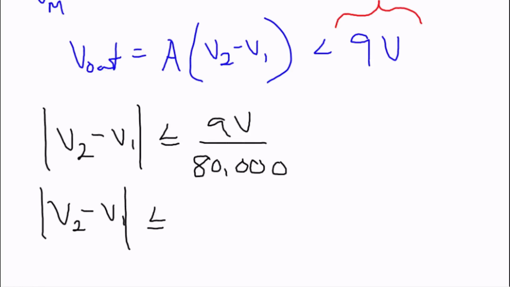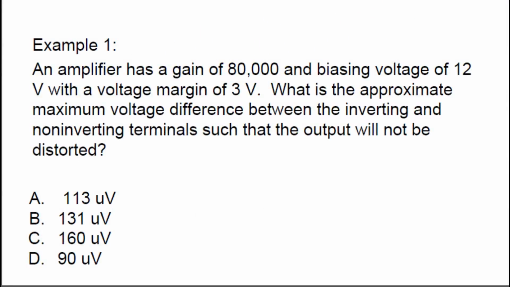So the corresponding answer that is closest on our slide is choice A, which is 113 microvolts. And there's our answer. So that is rail voltages and voltage margin and how those are related to the gain of the circuit. I hope that helps, and good luck.